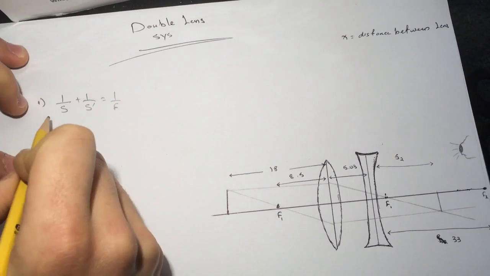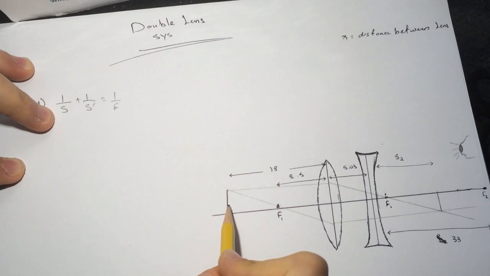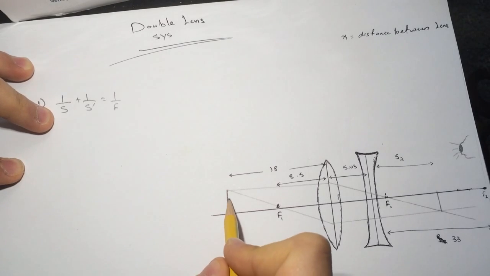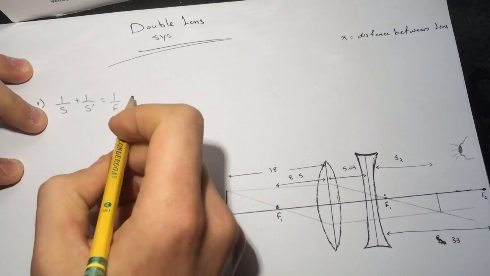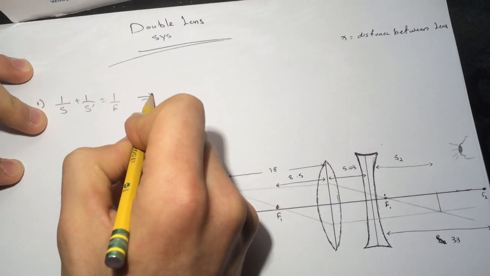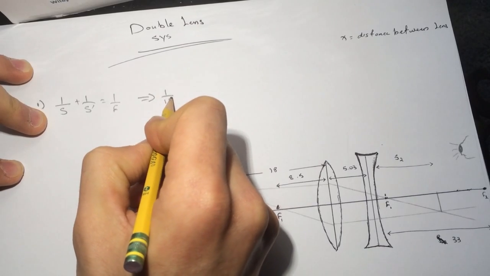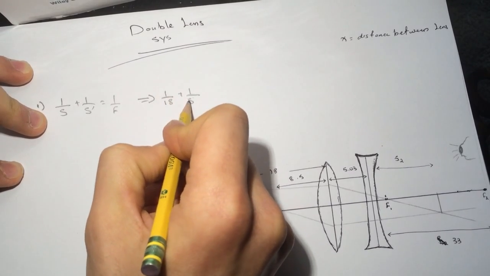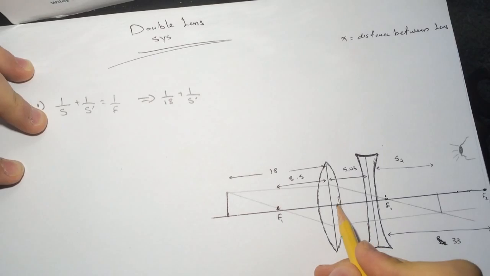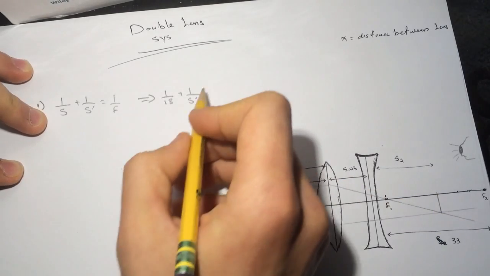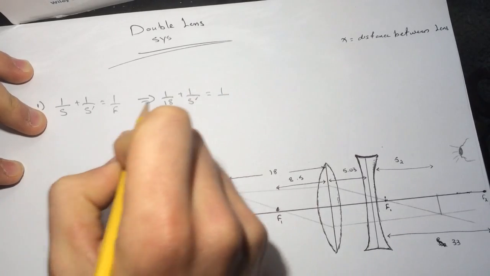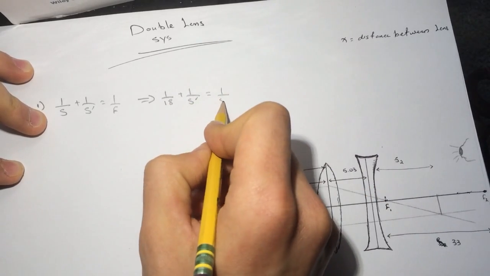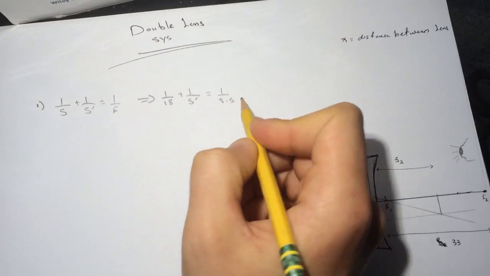So 1 over s, where s is the distance between the object and the lens, which is 18, so it's 1 over 18 plus 1 over s prime. S prime is the distance from this lens to the image here, equals 1 over f, and the focal length is 8.5.